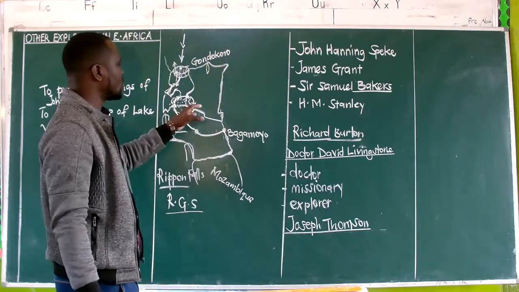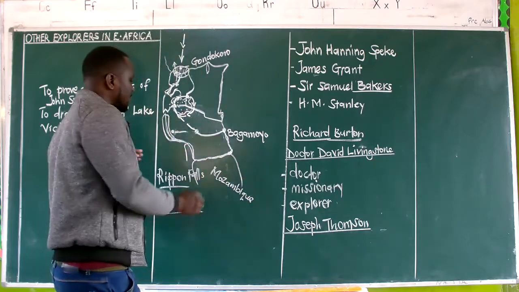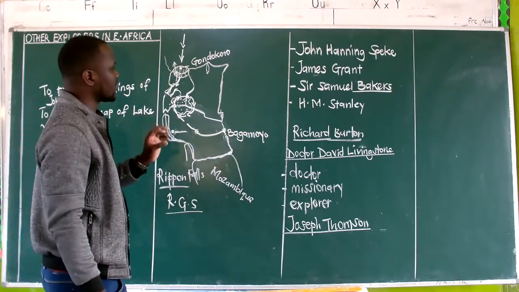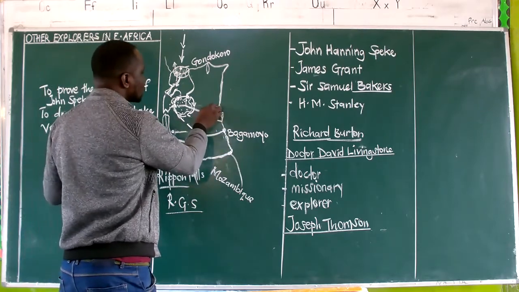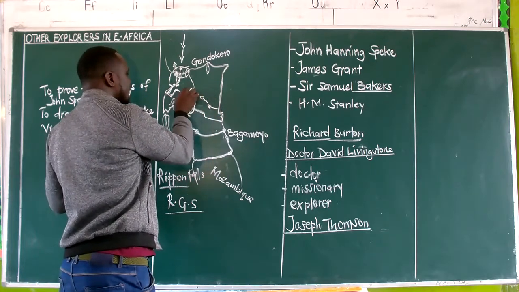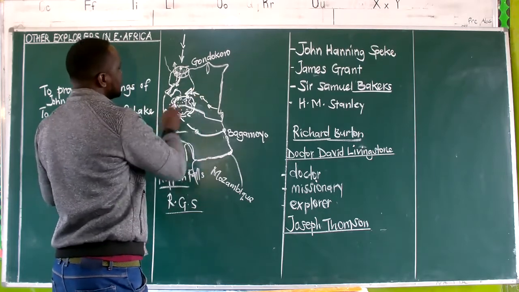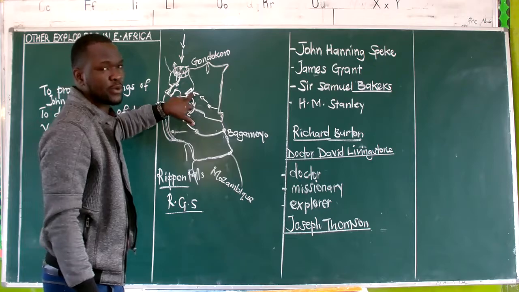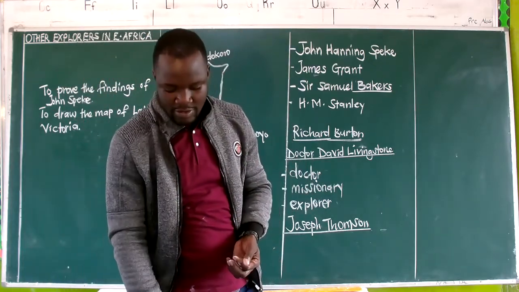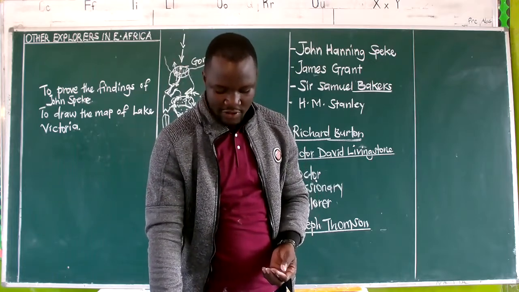But remember, they were now looking for a shorter route. They were like, couldn't there be any other route apart from Bagamoyo, which is very long? So we have this Joseph Thomson trying his best to cross via the Maasai land, and he came to the eastern part of Uganda, whereby we say he became the first European explorer to discover or to see Mountain Elgon. That is about Joseph Thomson.